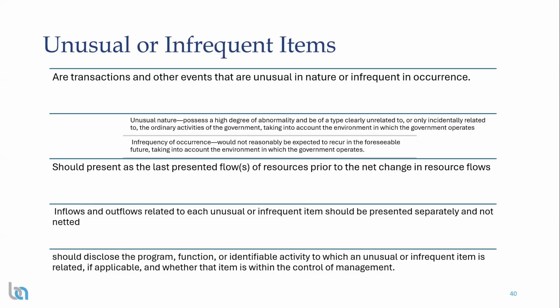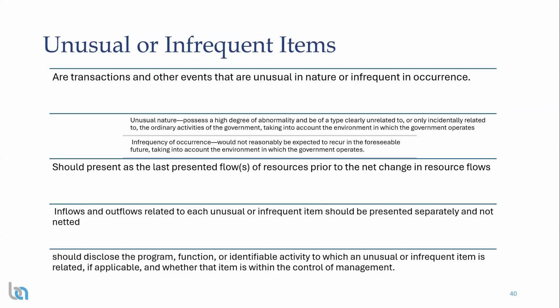Just to give you an example, when COVID-19 happened, GASB said that's not an extraordinary item or a special item. It is not unusual in nature or infrequent in occurrence. Pandemics have happened before, and they will most likely happen again.